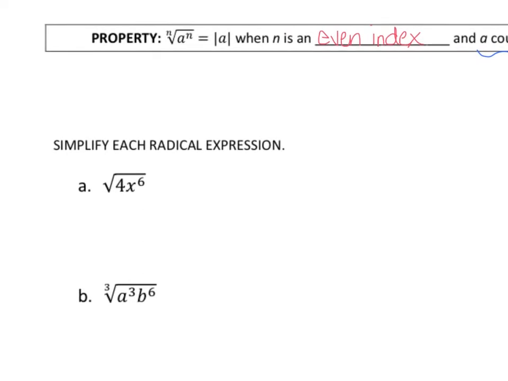All right, so we are going to try to simplify this. For example A here, what's the index? 2. So do we maybe need absolute value at the end? Yes.